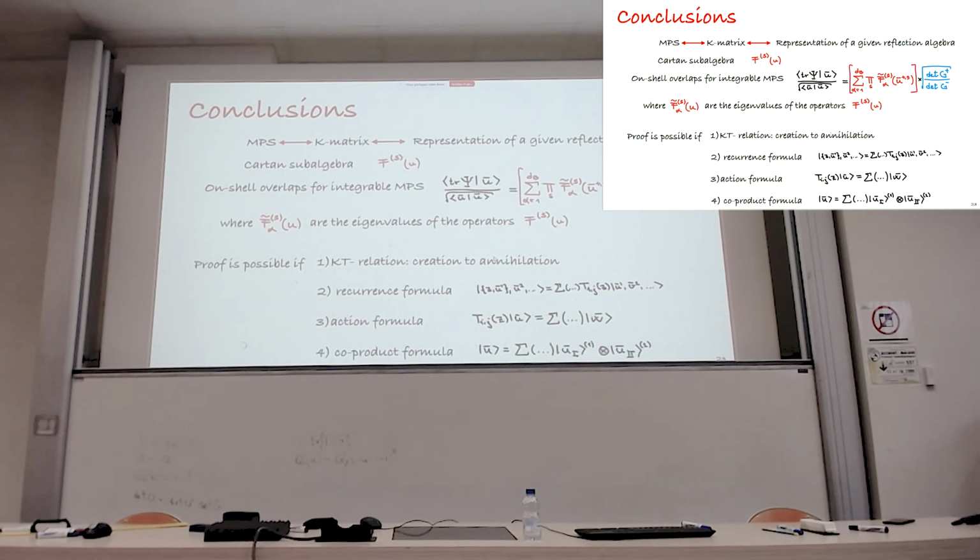Nice talk. My question is that this is the rational case. How about the trigonometric case with the K matrix with off-diagonal elements? What are the results? Actually, in this situation for the rational case, I always consider the K matrix to be as general as possible, so every component is non-zero if possible, and then everything works fine.